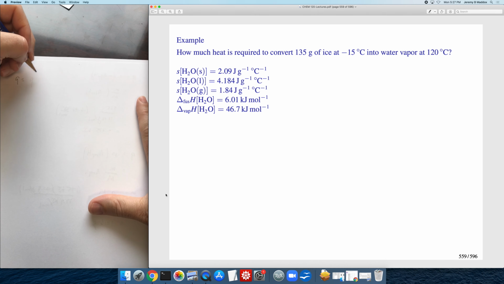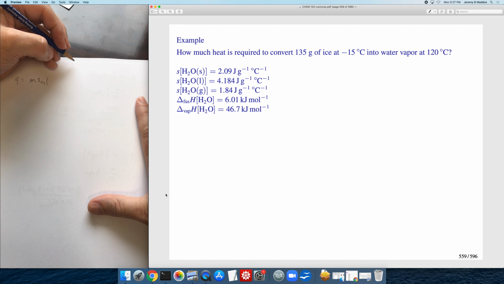So we're going to take the mass times the specific heat of the solid ice times the temperature difference between the ice at its initial temperature and the melting point of the water.